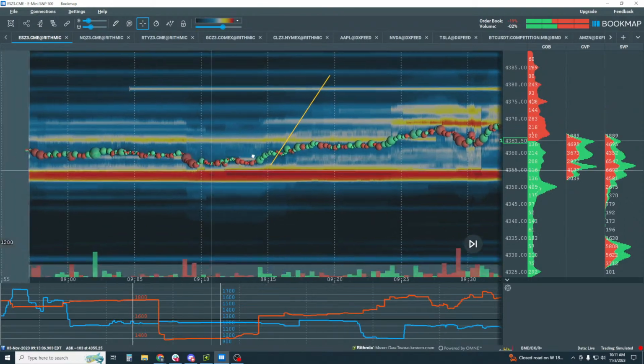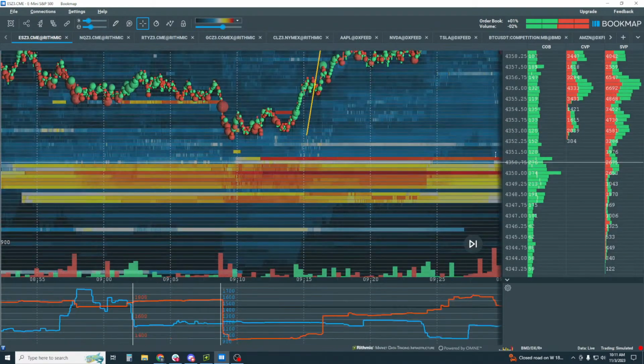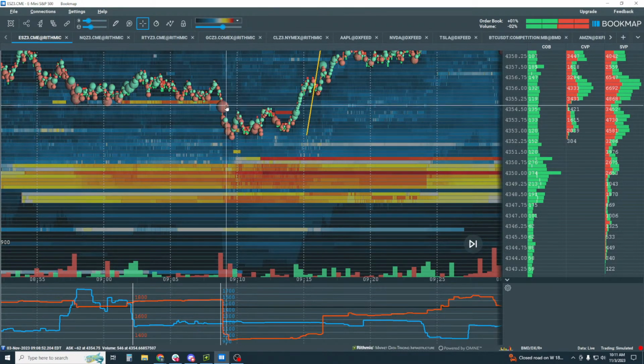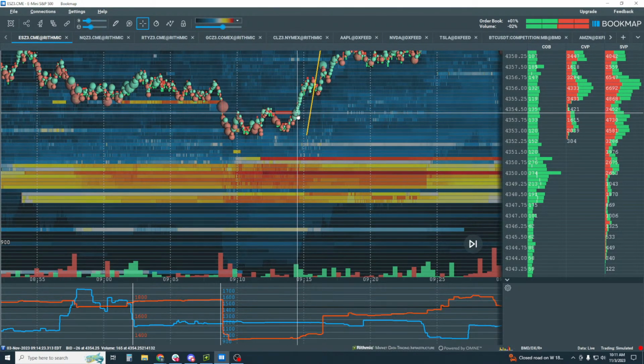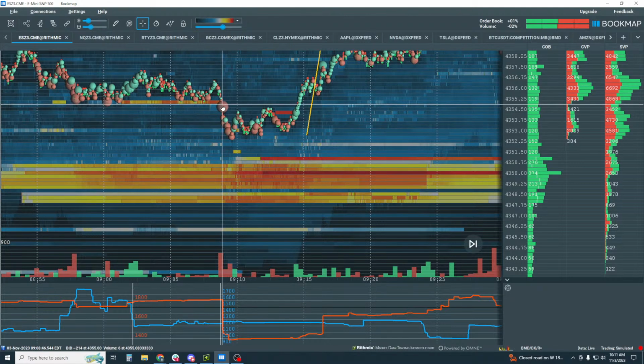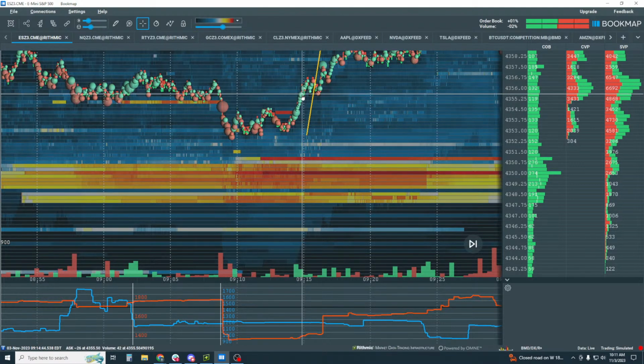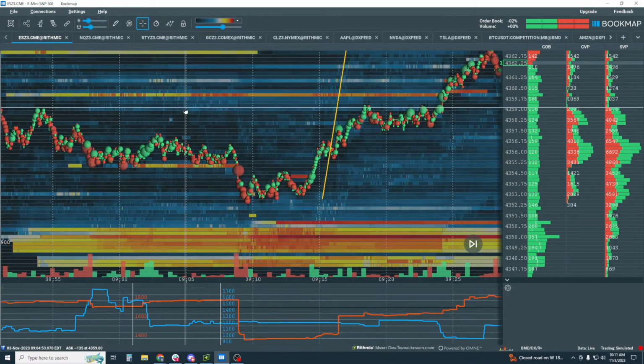So on this pullback in here, anyone who's sold down below here, well, it's actually a stop run, and then look at the buyers start to come in here, but it's not quite above it yet. You can look for them maybe a little bit higher in here is where I would be looking for them, and then to try to take it back up to maybe the top of the range, and then continuation.